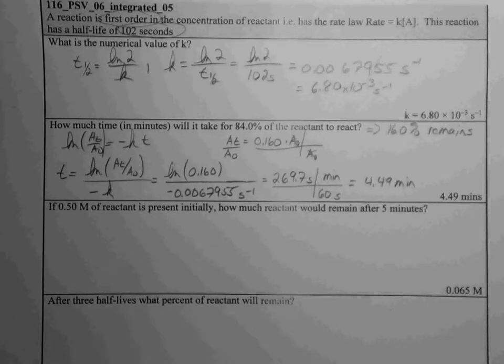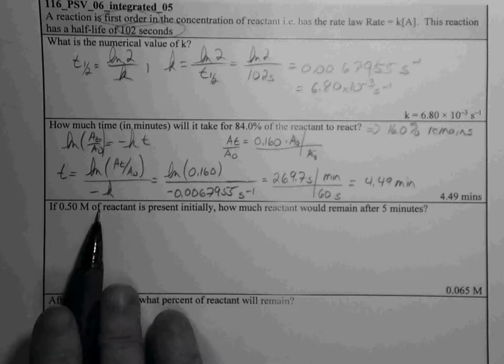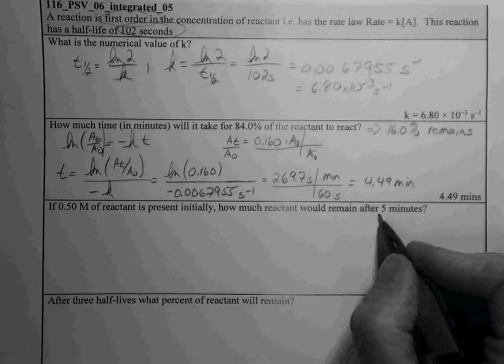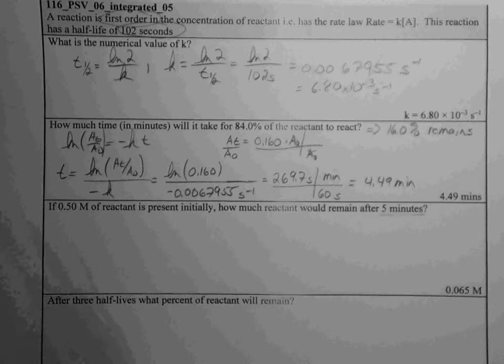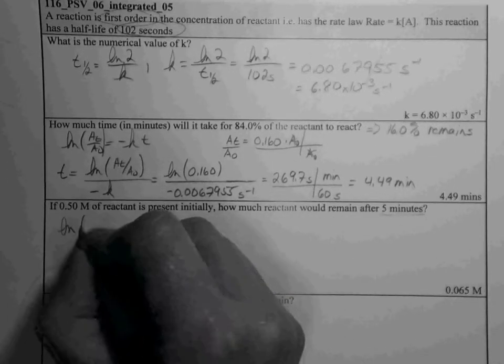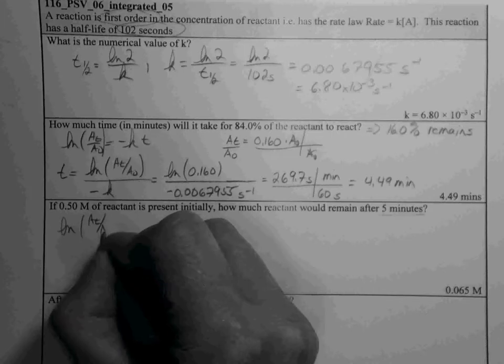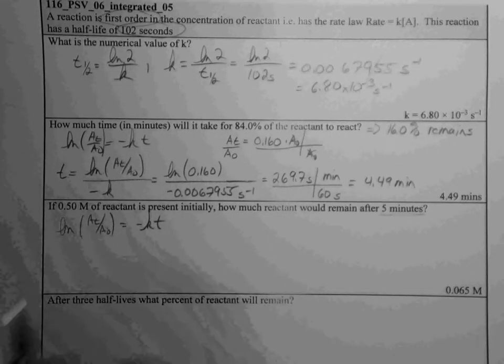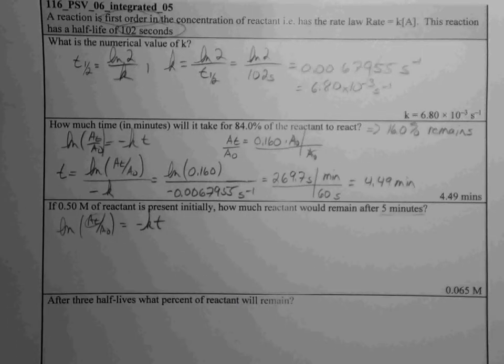The next question is, if 0.50 molar of reactant is initially present, how much is present after 5 minutes? So start with our integrated rate law for a first order reaction. We're going to be solving for A of t.